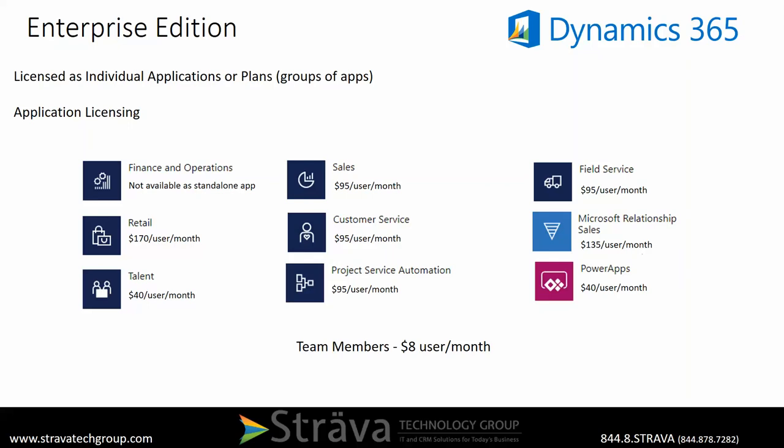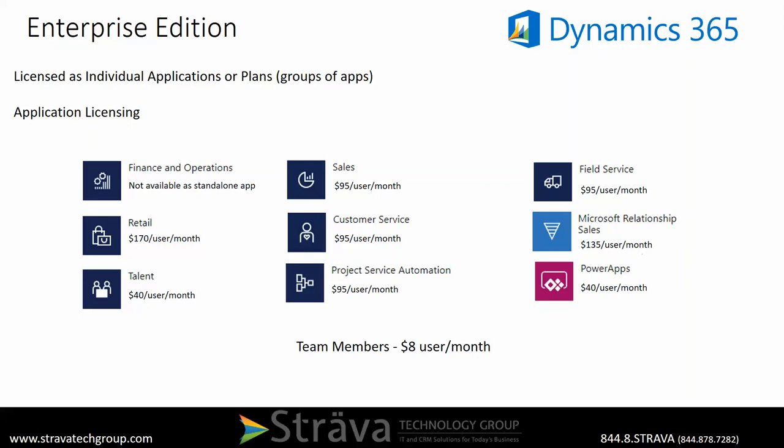The small business financials application is really thought of in the market as the next step up from QuickBooks. But the finance and operations component of Enterprise Edition, again, is meant for typically larger organizations or organizations that need much more robust, true ERP functionality.